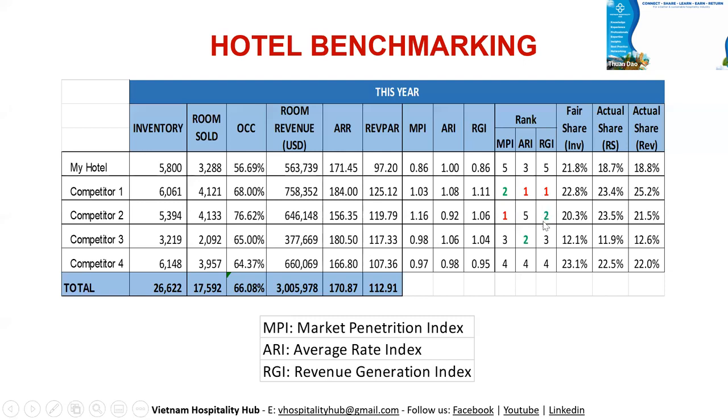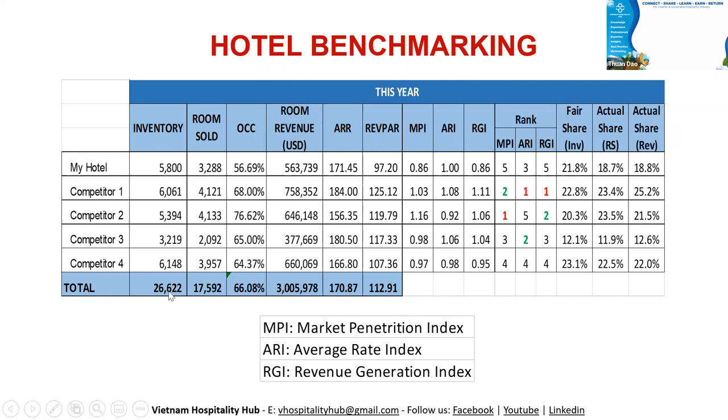All right. So this is how the benchmarking report ranks the hotel. They put the ranking for the hotel. And then here is some information about the fair share and actual shares for you to understand. In terms of share, in terms of inventory, that means how many rooms you contribute in the CompSet.